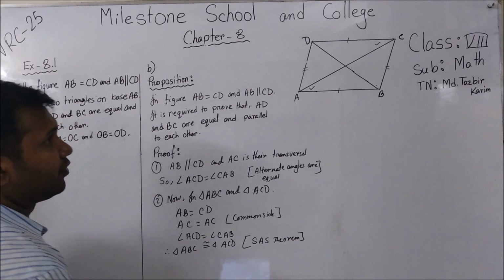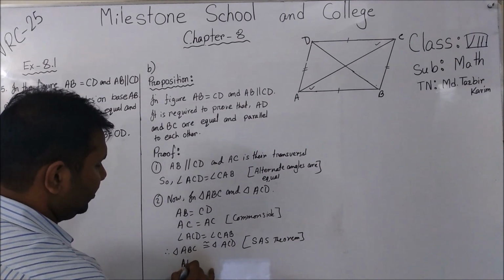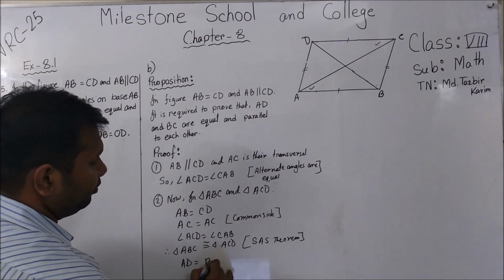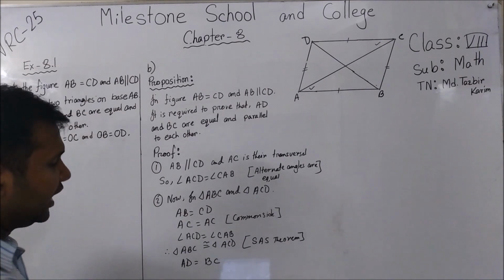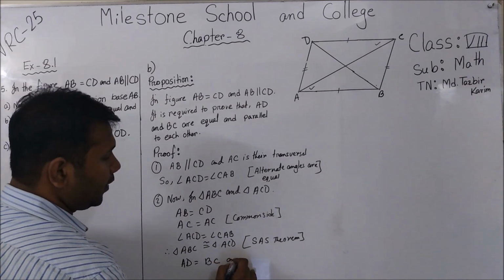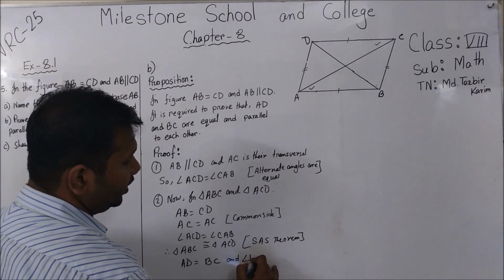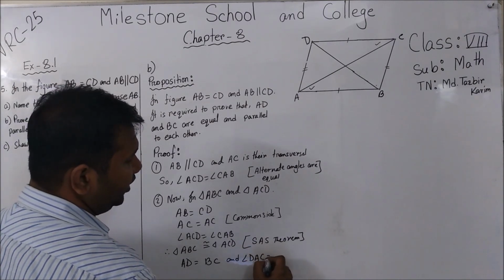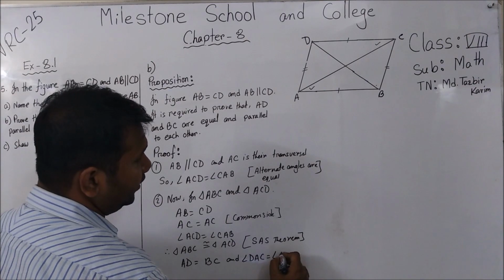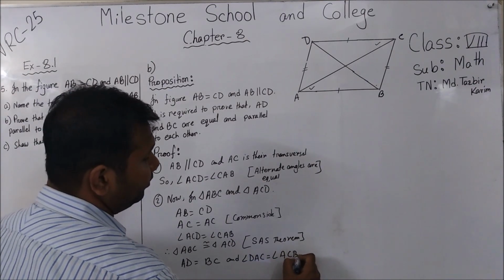So now I say AD equals BC, and angle DAC equals angle ACB.